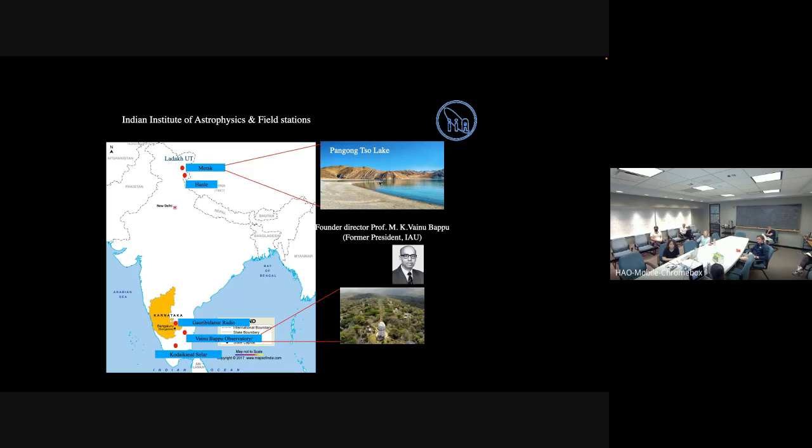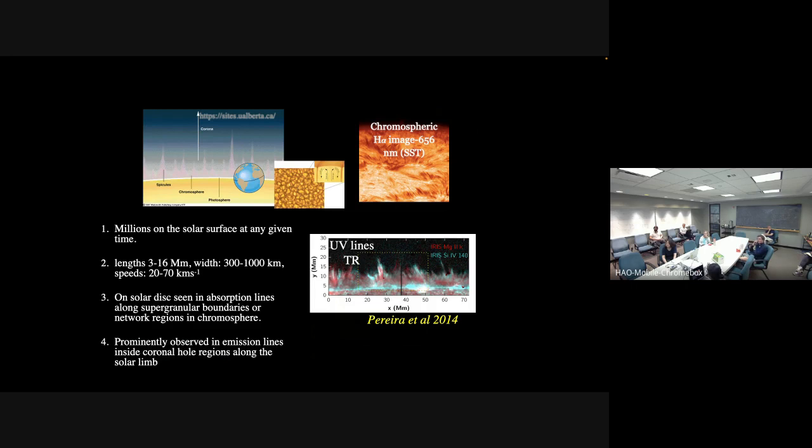And it has been funded in principle, but we are still waiting for final cabinet clearances. So hopefully we will soon have a high spatial resolution solar telescope of our own in the Himalayas. So with that, let me go back to my talk on spicules.